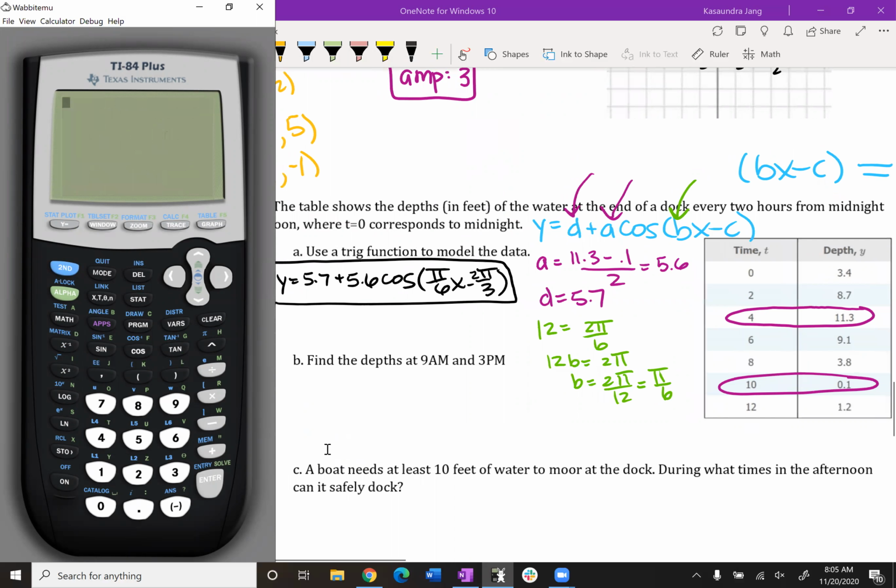All right, so I'm going to do my 5.7 plus 5.6 cosine of, okay, here's my pi button, pi over 6 times x, which in this case, I'm talking 9 a.m., so 9 hours since midnight, and then minus my 2 pi over 3.